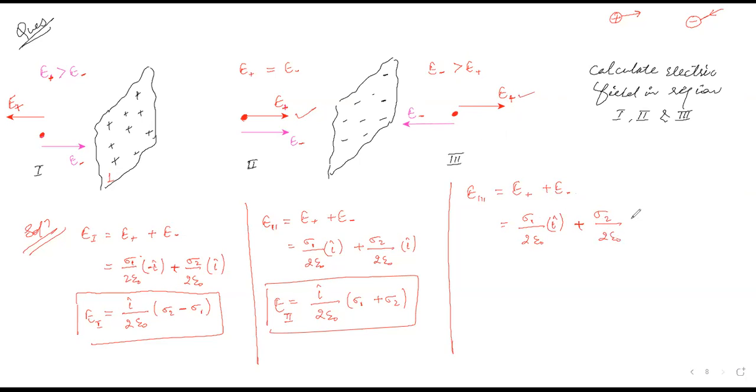The direction of E minus is along the minus x-axis. We can write down here i cap over 2 epsilon naught in bracket sigma 1 minus sigma 2. Are you understanding? This is your E3.